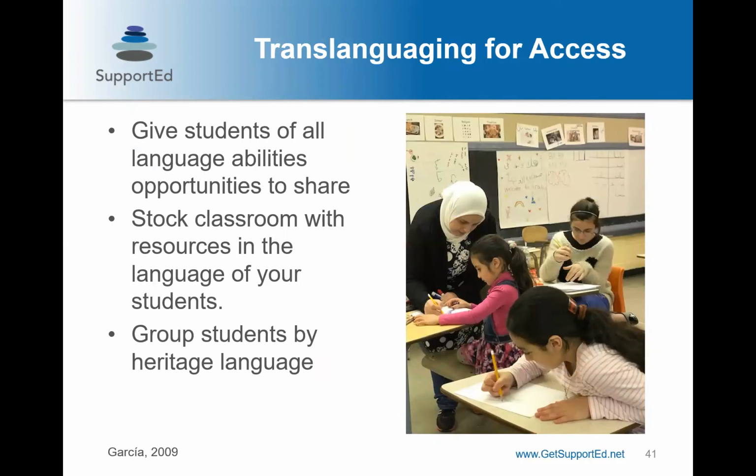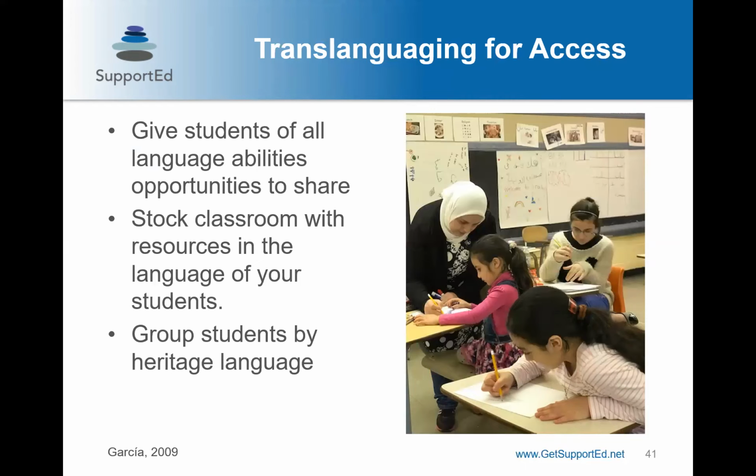So grappling with complex text is really difficult for all of our students, but for ELs particularly, without having that outside context. And so translanguaging is the process of making meaning by using all of your language resources.